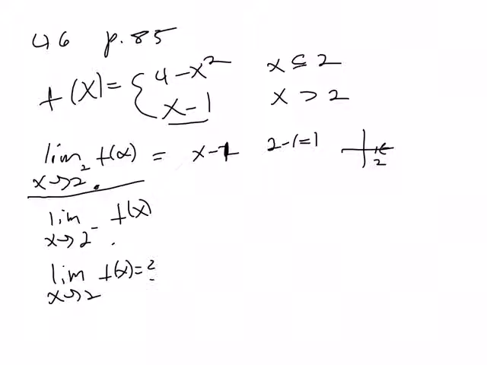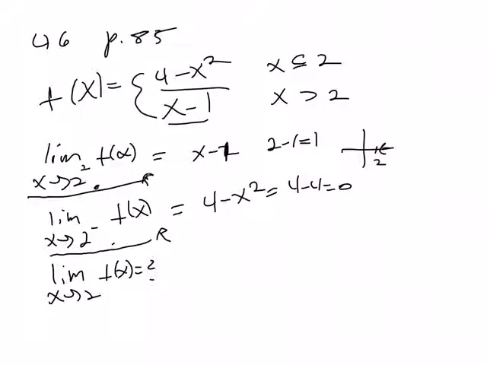As we approach from the left, x is smaller than 2, so we're using 4 minus x squared. So when we plug in a 2, we get 4 minus 4 equals 0. So this limit doesn't exist because as we approach from the right, we get 1, and as we approach from the left, we get 0. Yeah, so the limit doesn't exist.